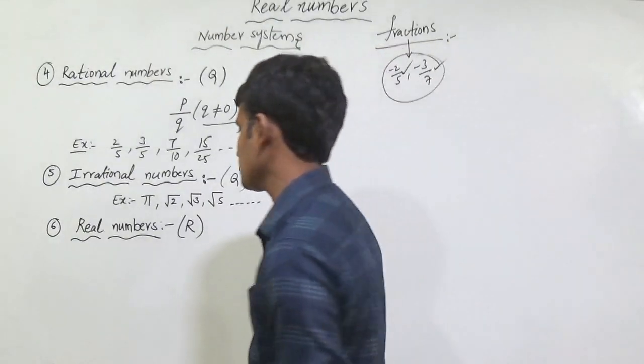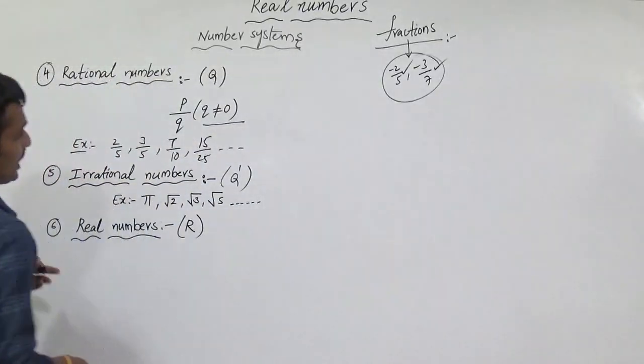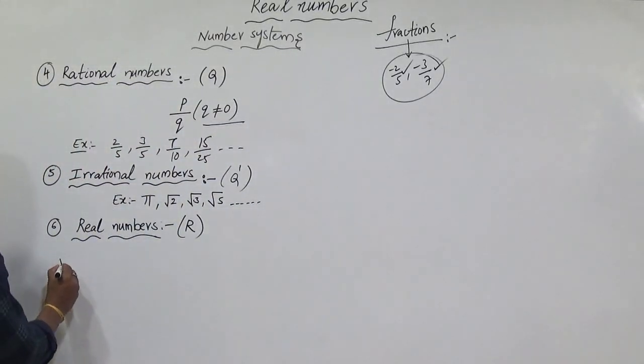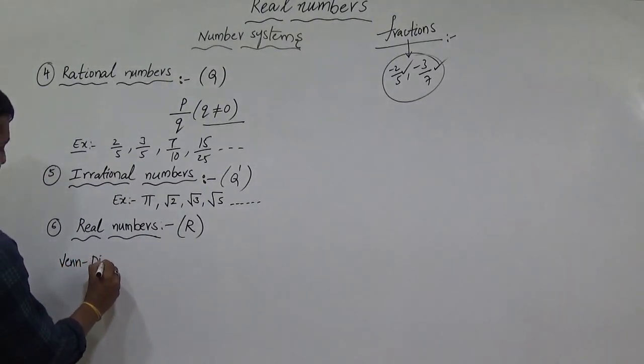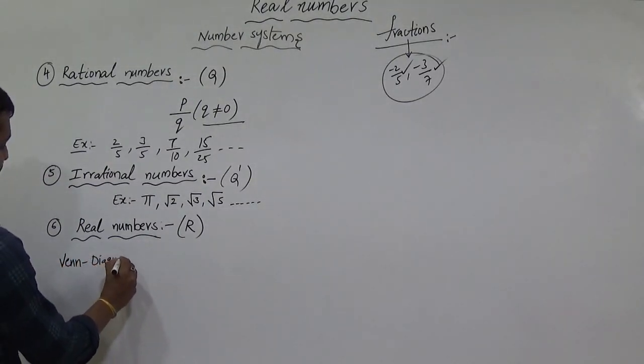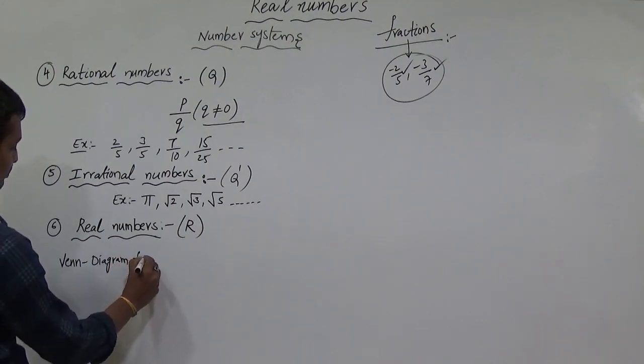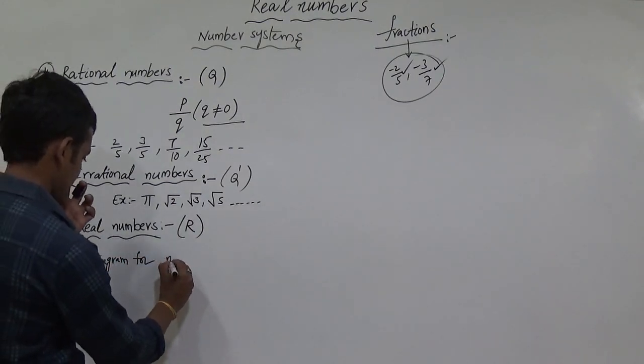The last thing is, we can write the Venn diagram for these number systems. Keep the heading Venn diagram for number systems.